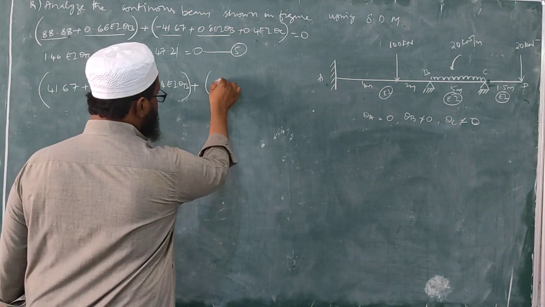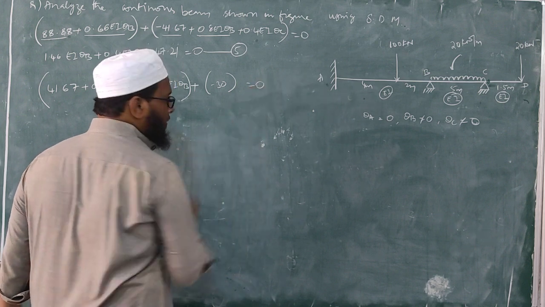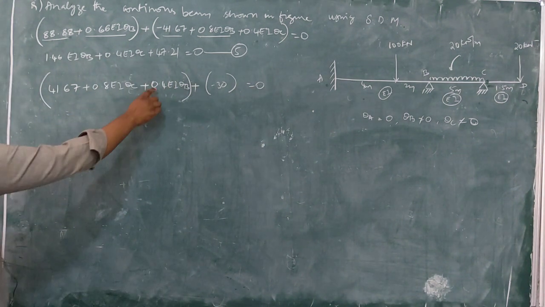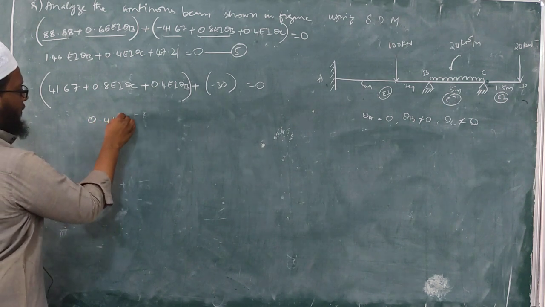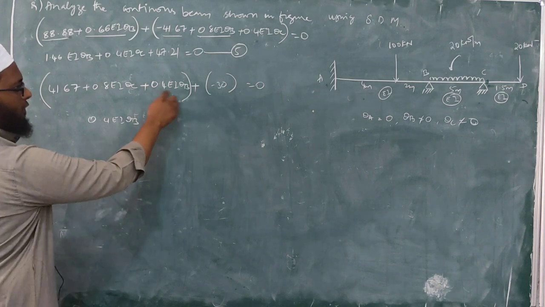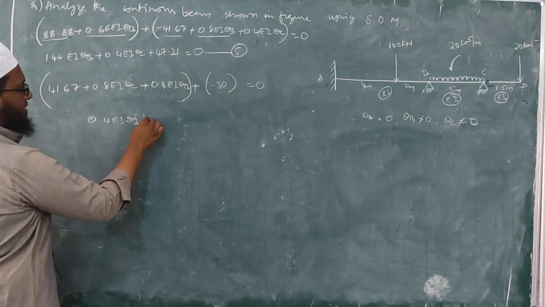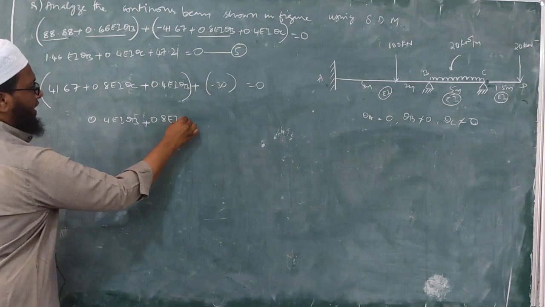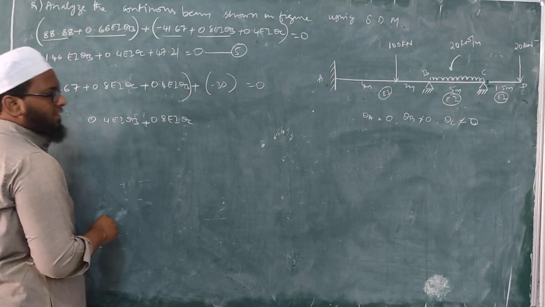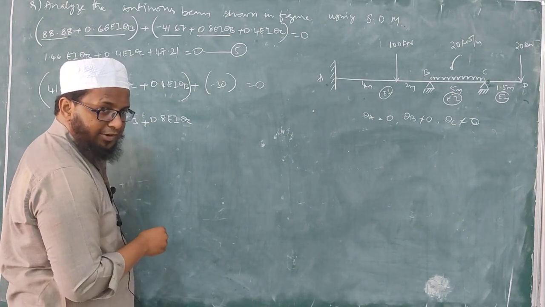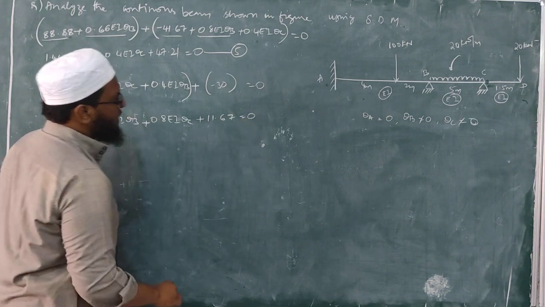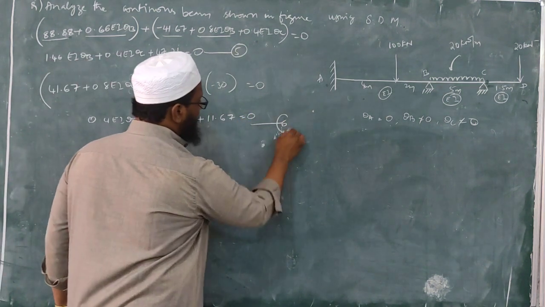So I will write here minus 30 should be equal to 0. Once you add this, see here I have 0.4 EI theta B, then plus 0.8 EI theta C, then 41.67 minus 30 is how much? 11.67 is equal to 0. So this is equation number 6.